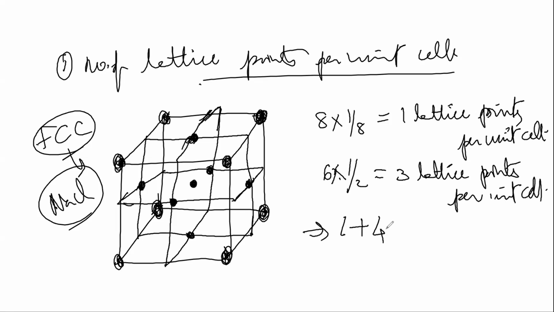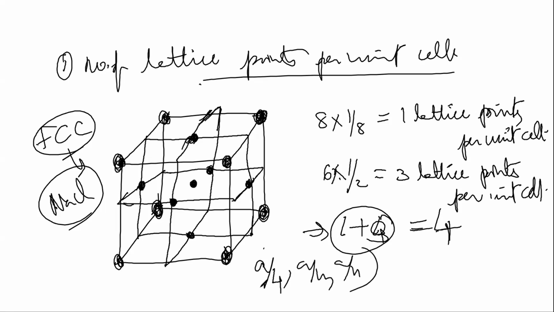Okay, so how many are there in total? Like face centered atoms, we have 1 plus 3, that is 4. But we have an extra atom at each of the bases, that is at a/4, a/4, a/4 distances. So in addition, we have these atoms along with the corners. How many atoms will you get in them? 4.